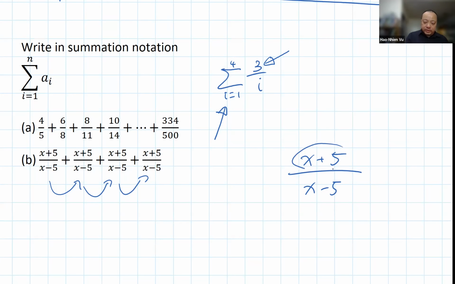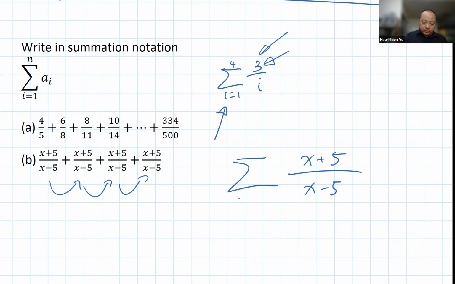The x plus 5 does not change with respect to i, so it just stays x plus 5, just like the 3 stays a 3. The x minus 5 doesn't change with respect to i either, so it's just like another 3, but it's in the denominator. Well, that's it. That's the pattern.